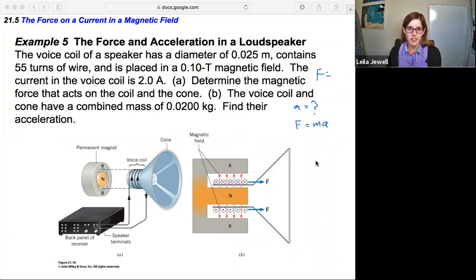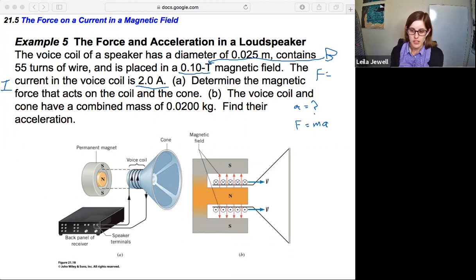So as we take a look at this, what other information is given to us to help us solve for the force? Well, we know the amount of current, 2.0 amps, so that's our I. We also know 0.1 Tesla, that's the magnetic field. So that all is good.